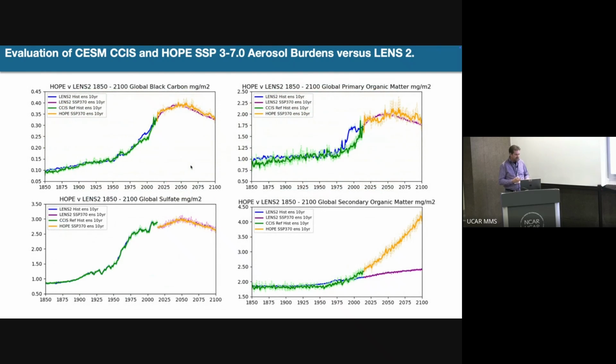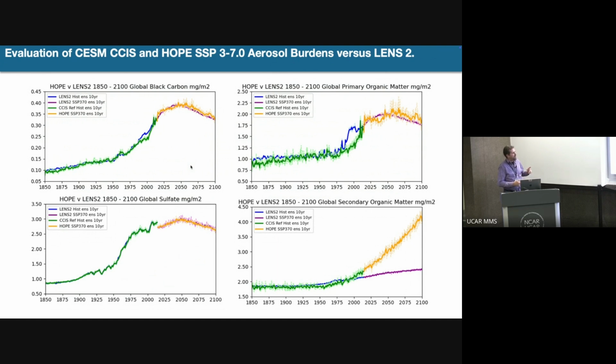Getting to the aerosol component, what I've done here is compare LENS2 prescribed aerosol values for black carbon, primary organic matter, sulfates, and secondary organic matter. You can see that for the fire component, which is coming out in the black carbon, the primary organics, and the sulfates, we do a really good job. We track what's coming from CMIP6 all the way out.